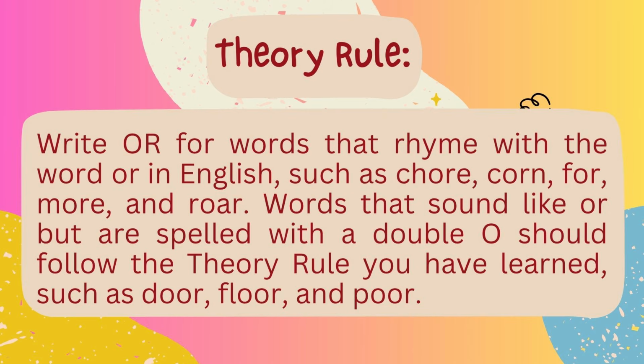So even if the sound is or, but the spelling has double O, then that is considered a diphthong. So with that, we are going to use vowels A and O and not only OR. Okay? So that's a theory rule that we have to remember.